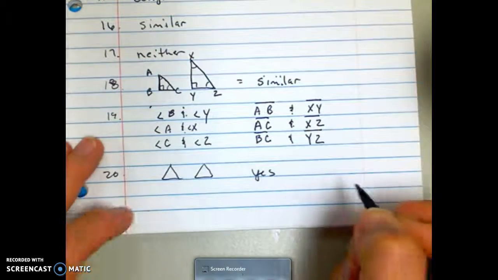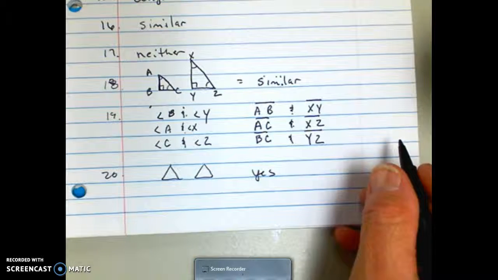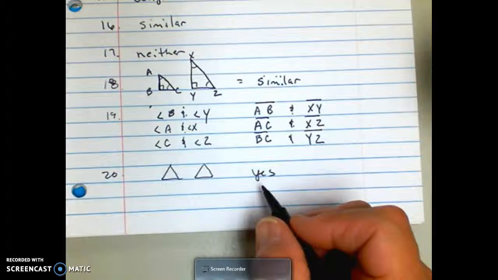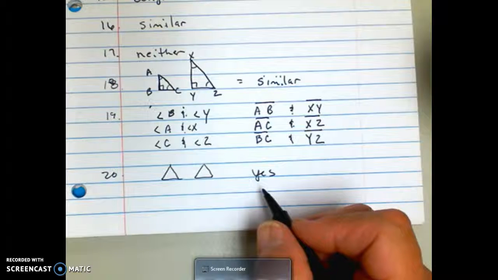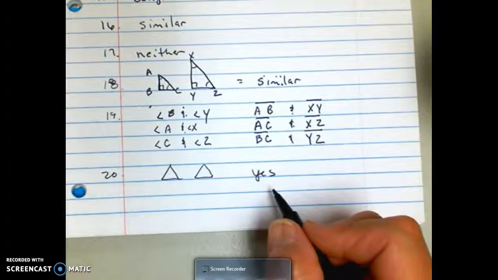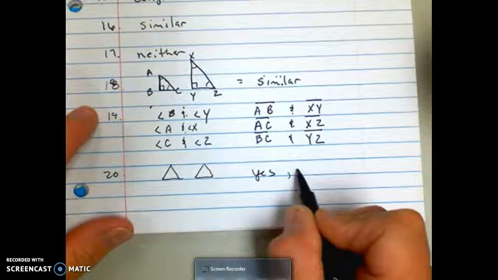So yes to the first question. Congruent figures always have the same size and shape, so they're also similar. In this case, both of these are similar and they are congruent.